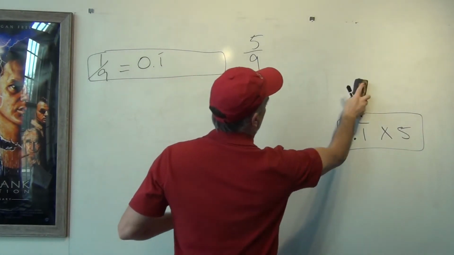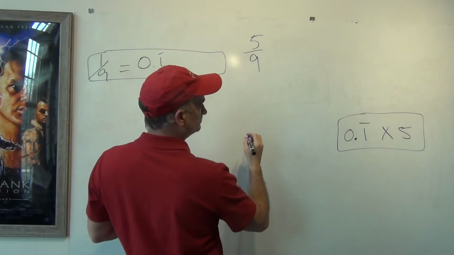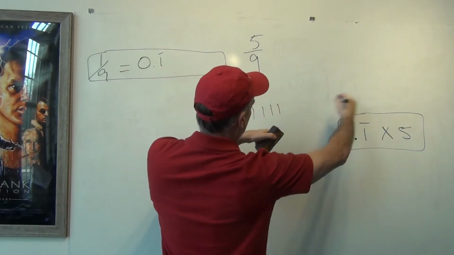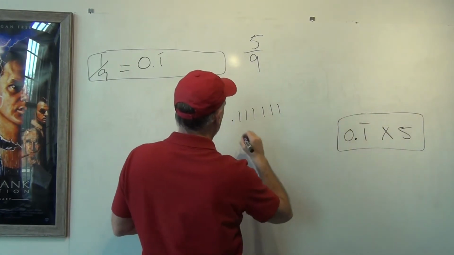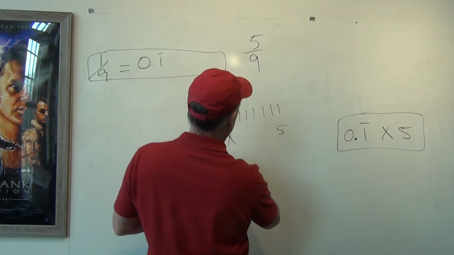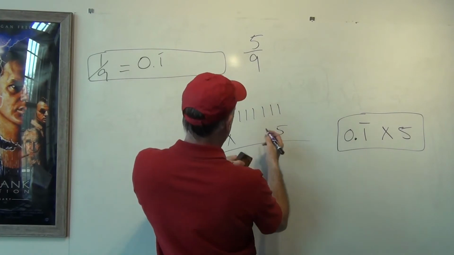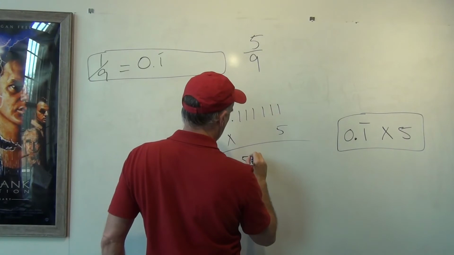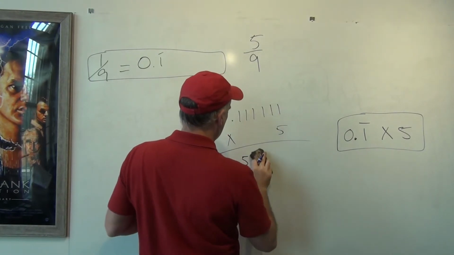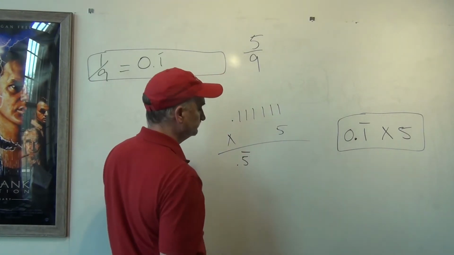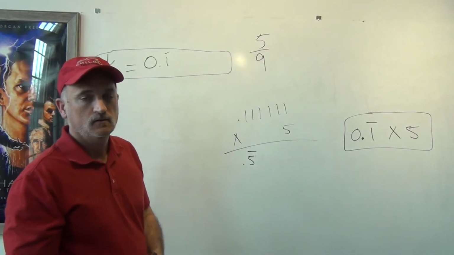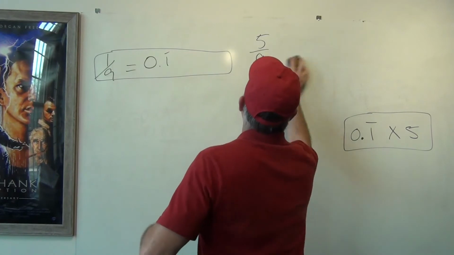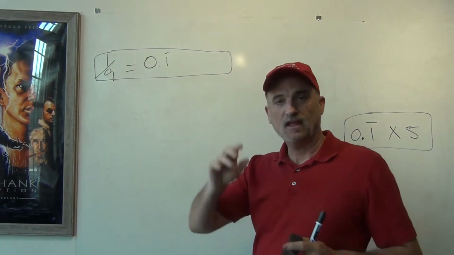We know that 0.11111, well, we never could finish it out because it just goes indefinitely, times 5 would be 5 times 1, 5 times 1, 5 times 1, and it would be 0.5 repeater.